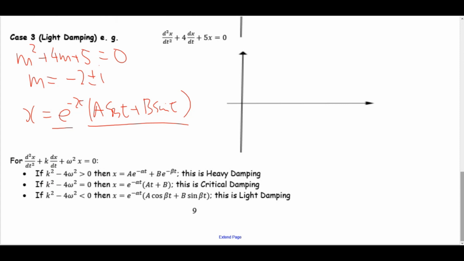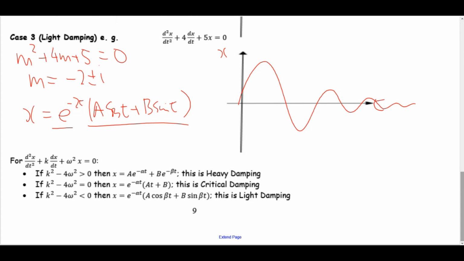The trig function is going to make the object oscillate. However, the exponential decay term will reduce the magnitude of the oscillations as time goes on. So this will give a graph of x against t, which is going to look something like this. So it is oscillating, but the magnitude of the oscillations is going to decay as time goes on.